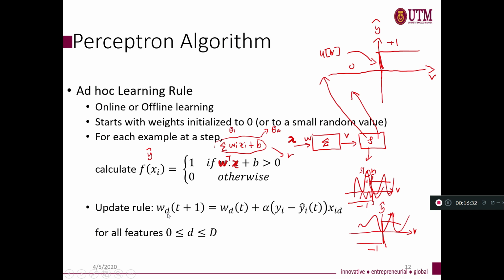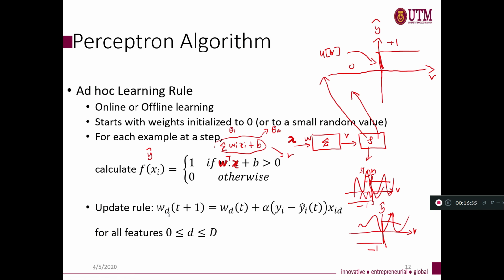If you have d-dimensional input, then you need d values. If your features number 2, then you have W1 and W2 plus the bias. Again, that is similar to the previous lecture.